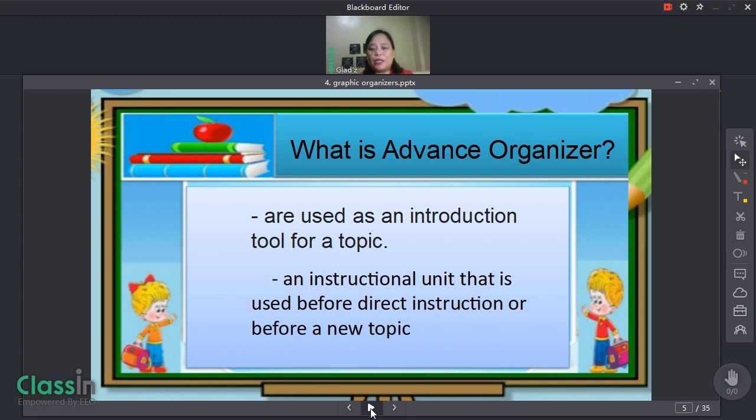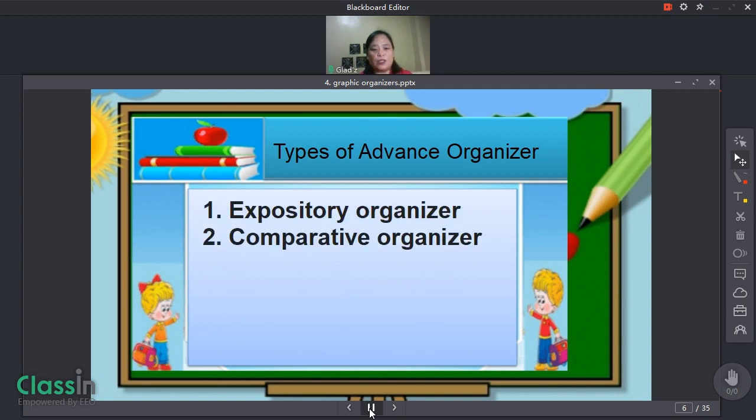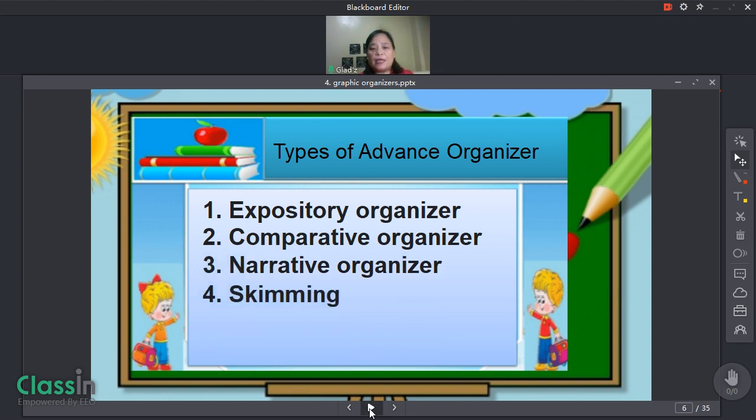So what are those types of advanced organizers? We have the expository organizer, comparative organizer, narrative organizer, skimming, and the last one is the graphic organizer. So let us discuss first the expository organizer.